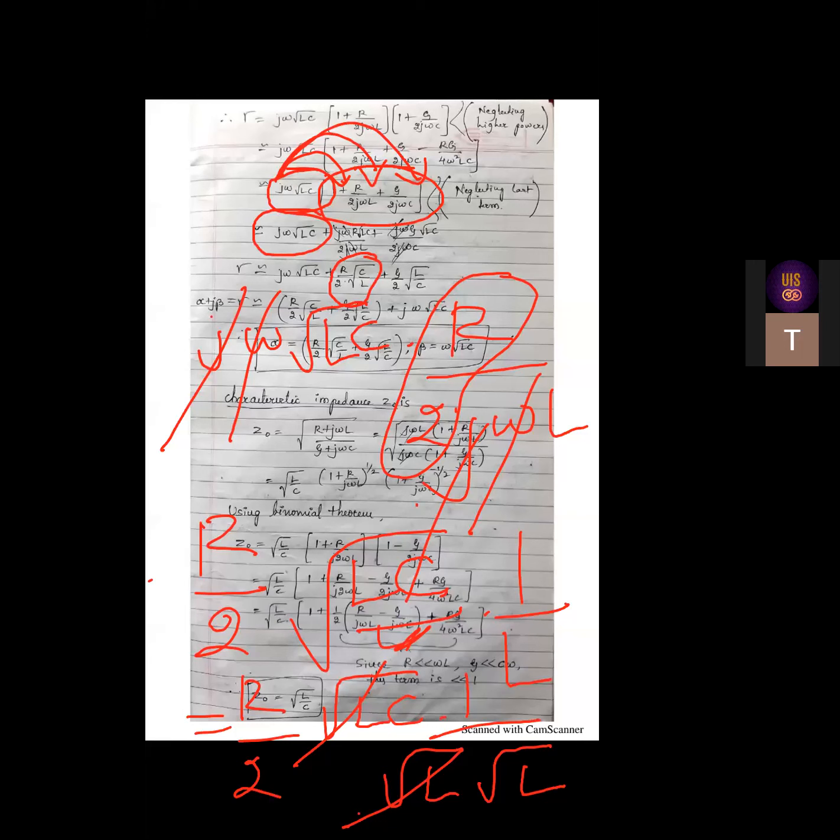Similarly, what will be the third term? Let's see.